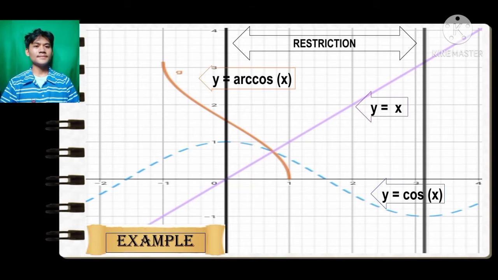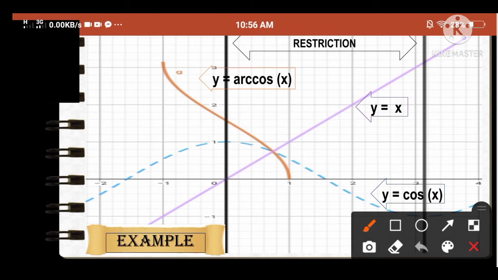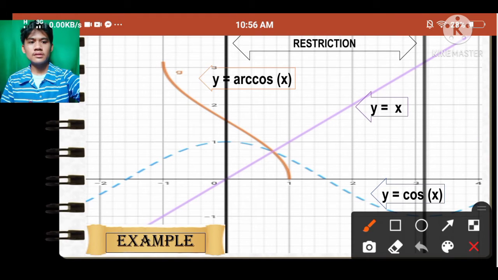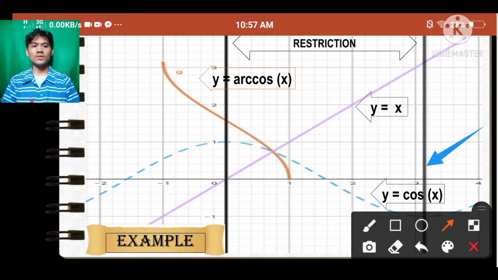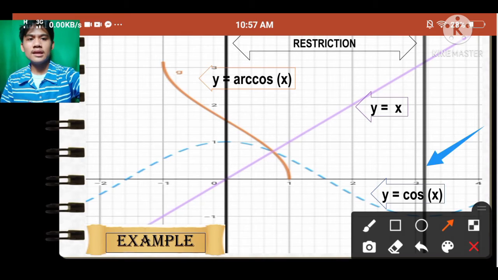So here is an illustration of what an inverse function is. This will be the given function we have: y is equal to cosine of x, and this will be the restriction.